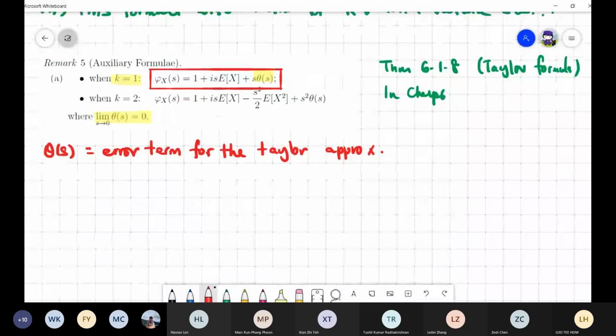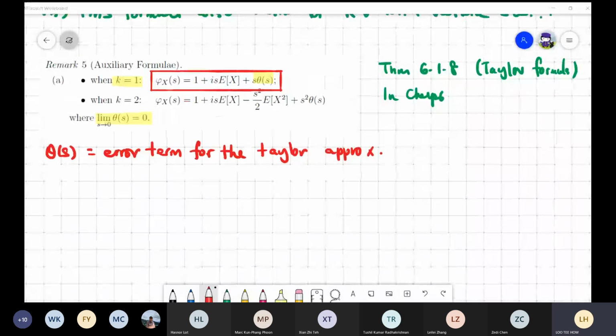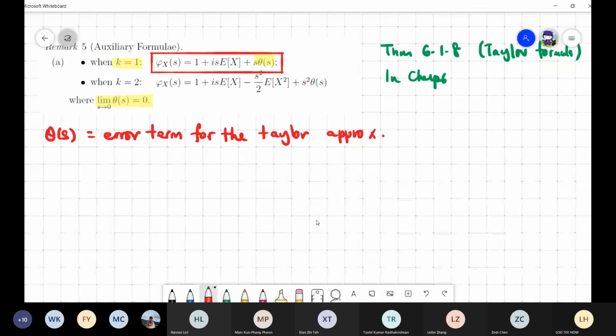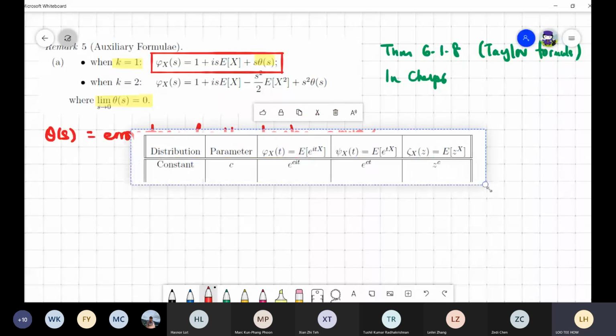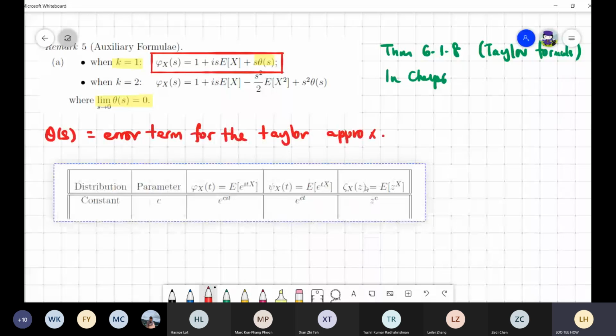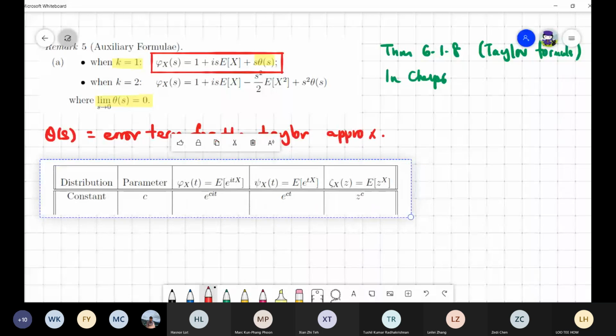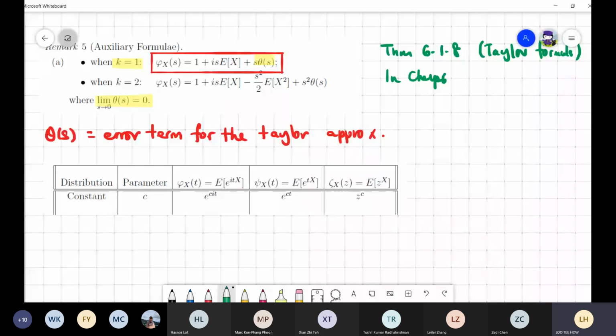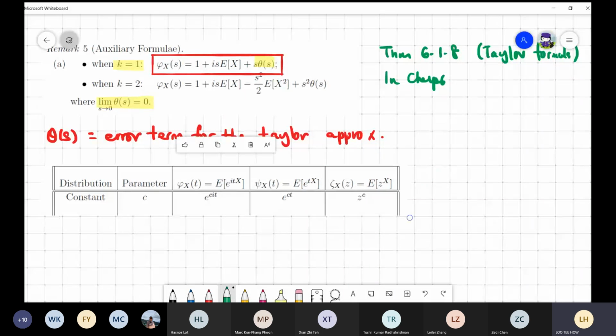So we just look at this table. This is actually the last table in the last page.